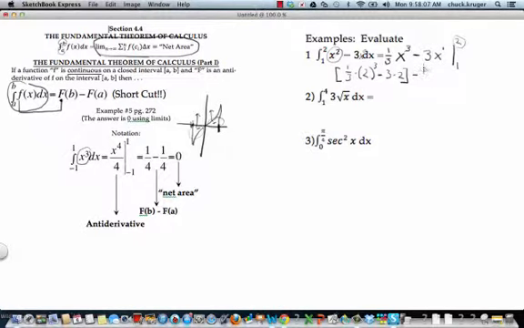Minus, over here, I'm going to do the same thing, and I'm going to have 1/3, and I am cubing the 1, minus 3 times 1. And I'm going to evaluate each of these and then subtract them at the end. So 2 cubed is 8. 8 times a third is 8/3. And I have 8/3 minus 6.